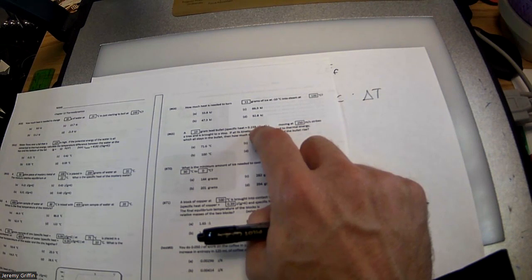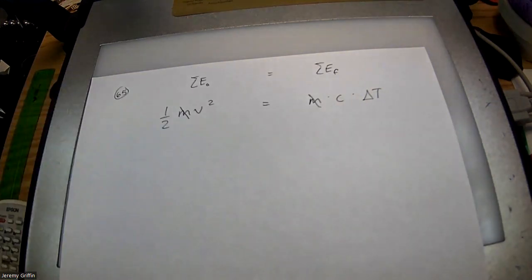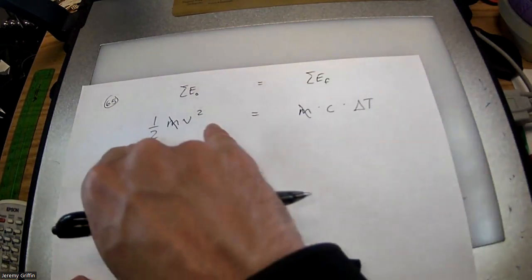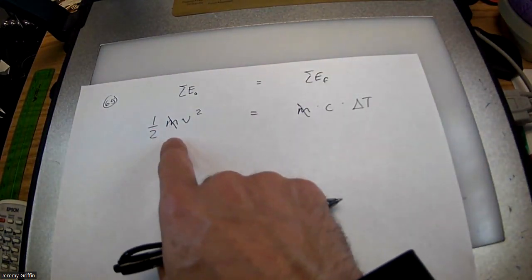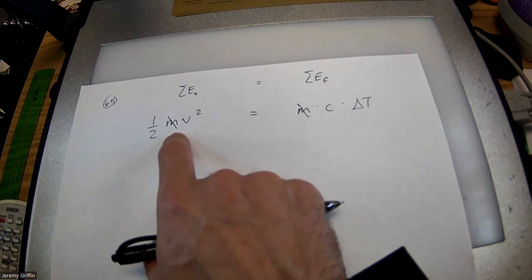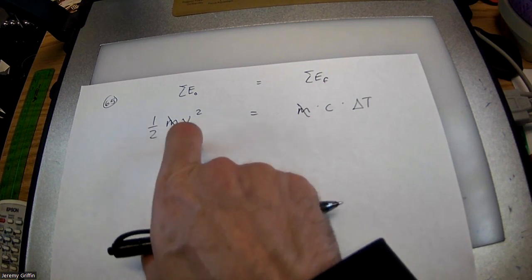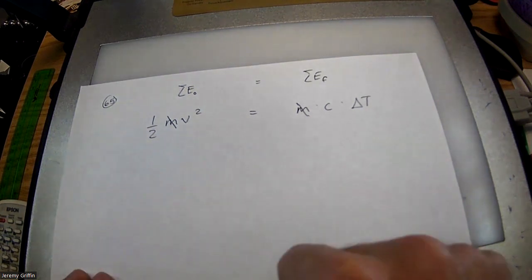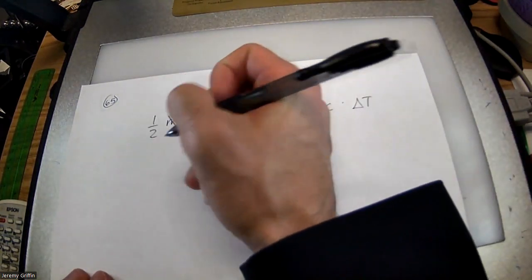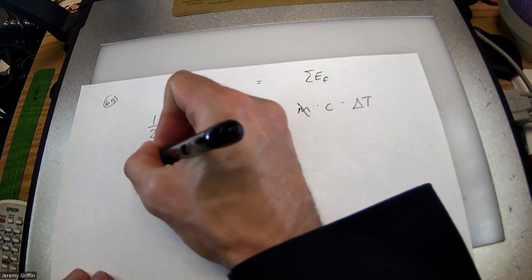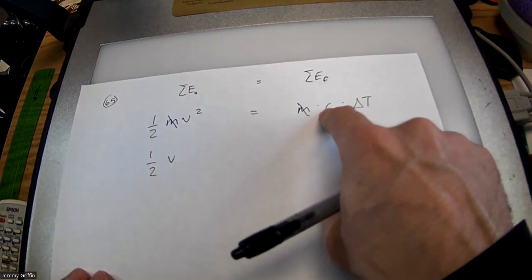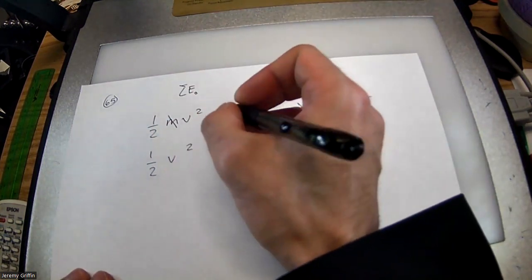But this is joules per gram Kelvin, which is going to cause a bit of an issue because we're mixing and matching thermal energy with kinetic energy. And this kinetic energy, even though the mass cancels out, it's implied for joules that kilogram is embedded in that energy quantity. So we're going to have to use joules per kilogram Kelvin for the C. So we have to do a little conversion here.